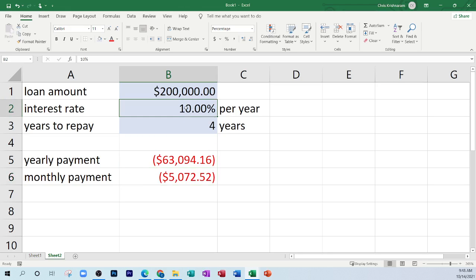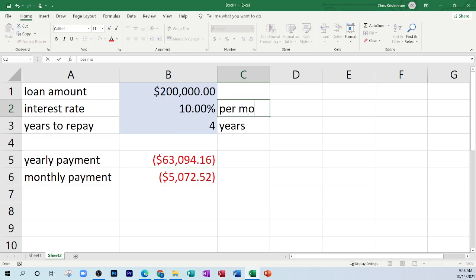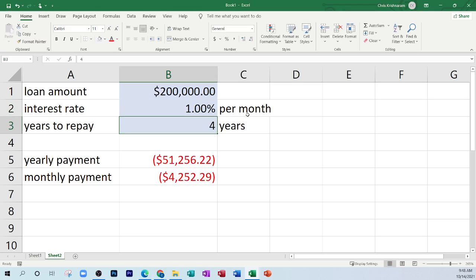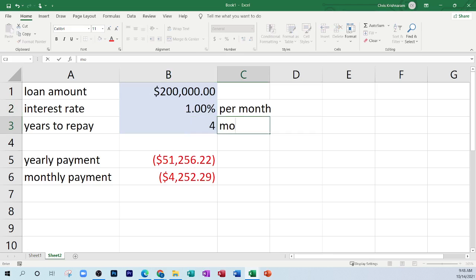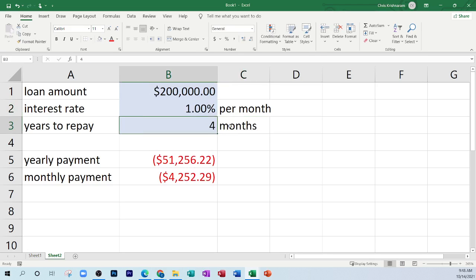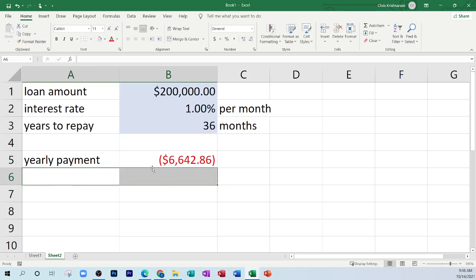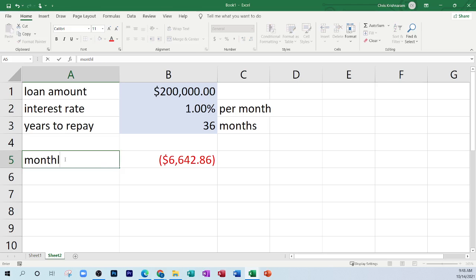So if actually this, we change it to per month, and we say it's a 1% interest a month, and instead of years, this is going to be months. So 36 months. Then ignore this one at the bottom. This one here is going to be our monthly repayments.